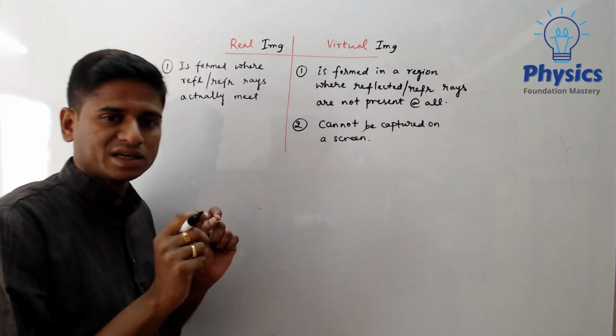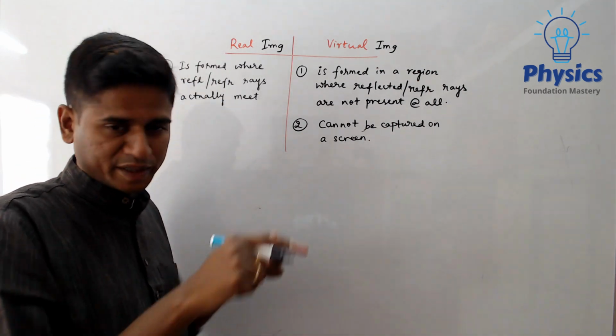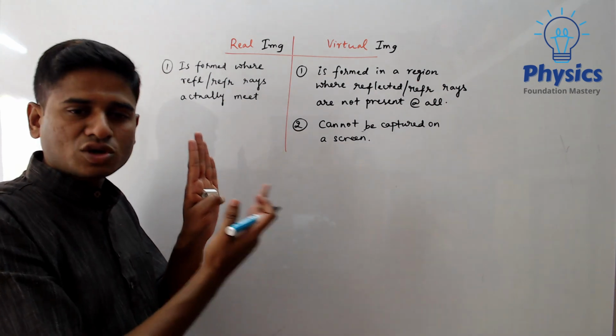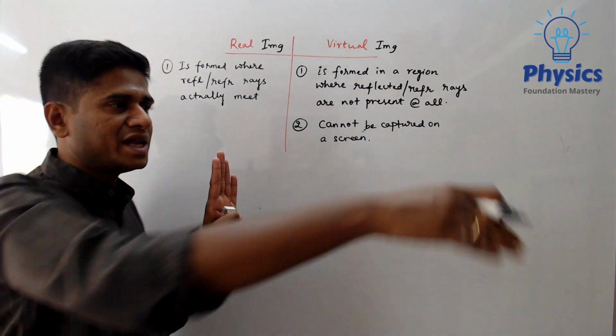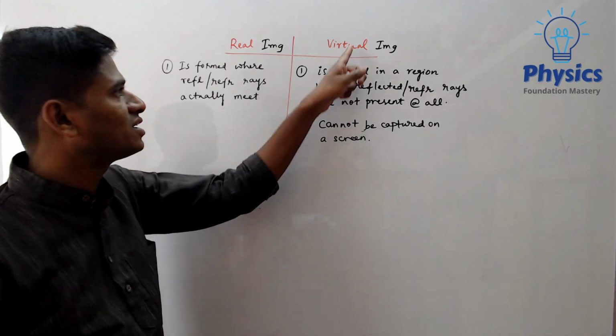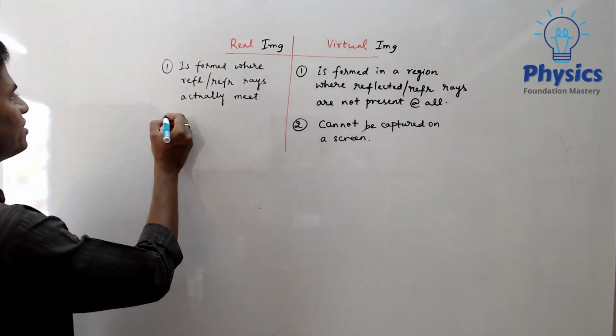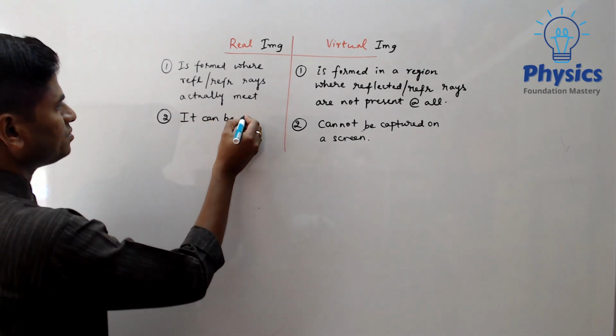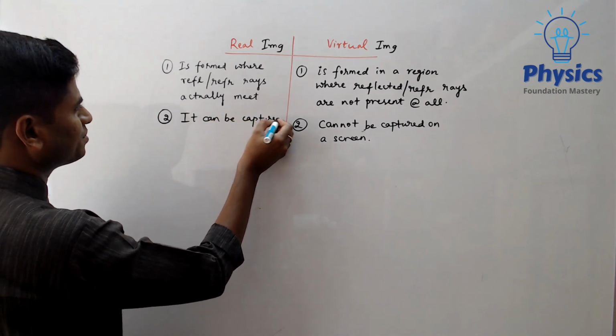In order to see the object, you have to look into the mirror. You can't capture the image on a screen so that from anywhere you can see. That is not possible for a virtual image. However, a real image can be captured on a screen.